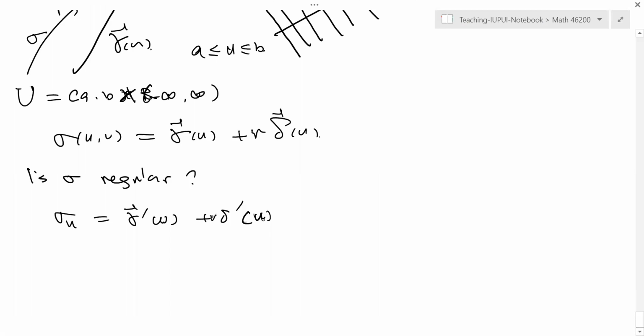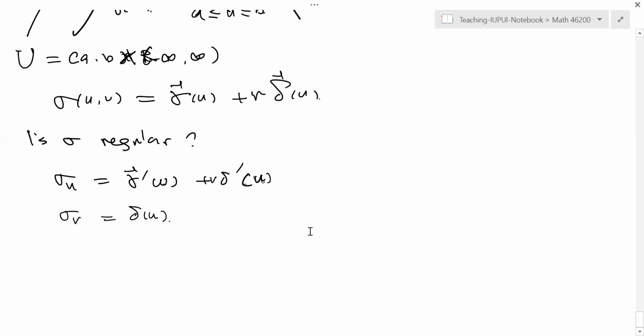And this is still V, okay? And the sigma V is just delta U. So when are they going to be linearly independent?